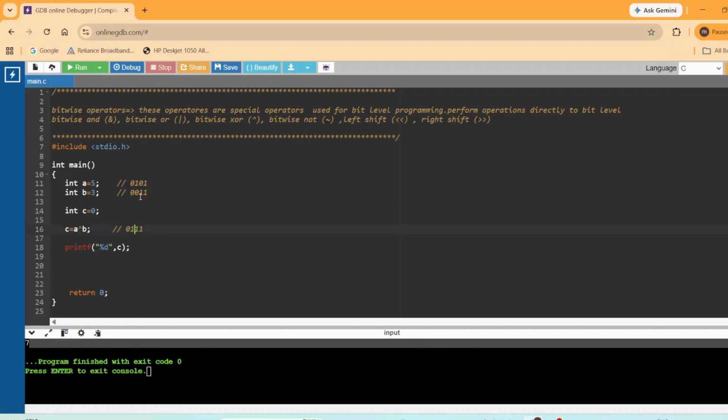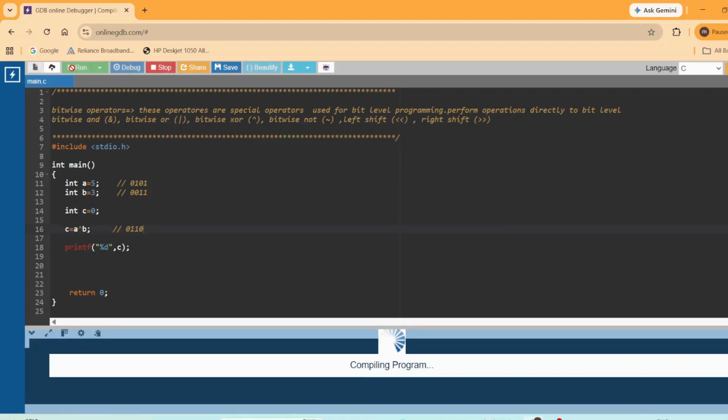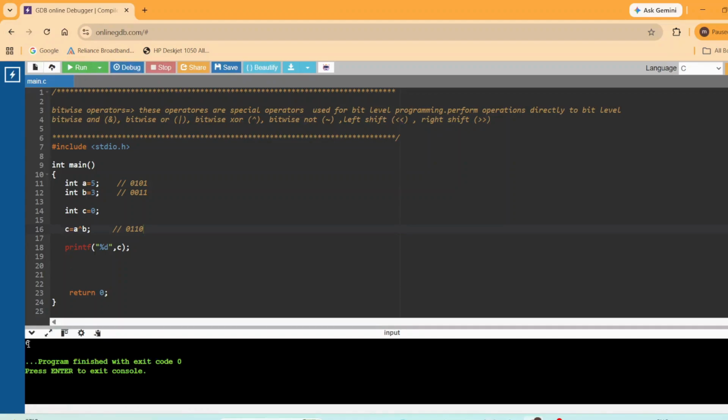And again 0, 1, that is a different bit, right? So it will come 1. And 1, 1, same bit only, so it will come 0. So here it will come 2 and 4, that is 6. So a XOR b means we will get 6. You can just run it, and we will get 6.